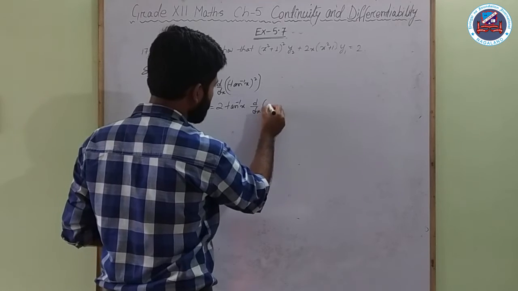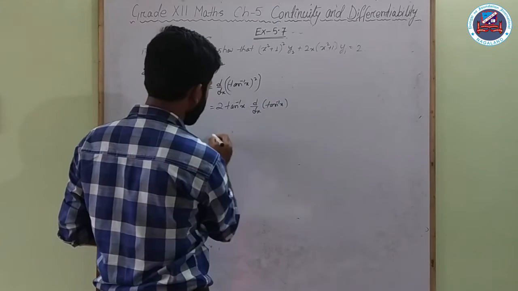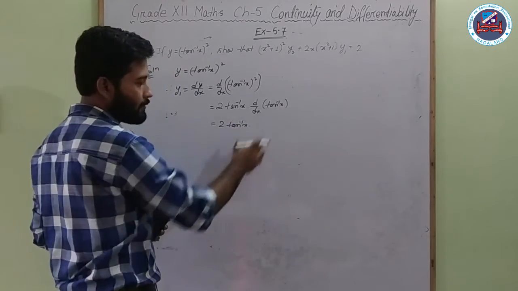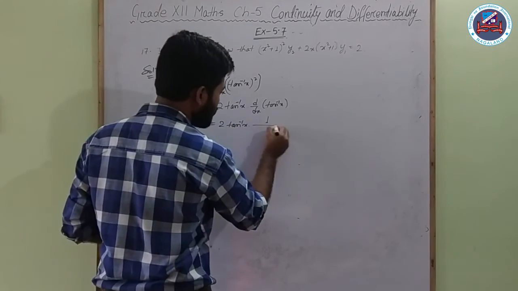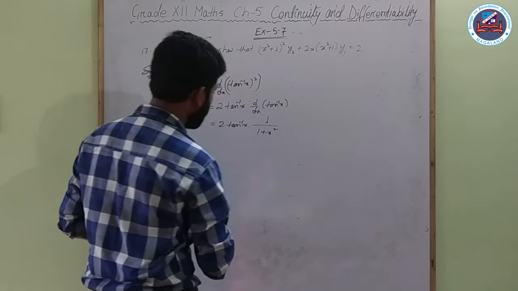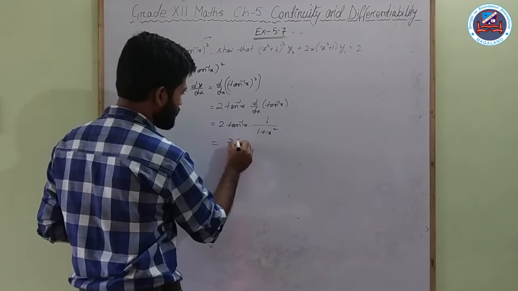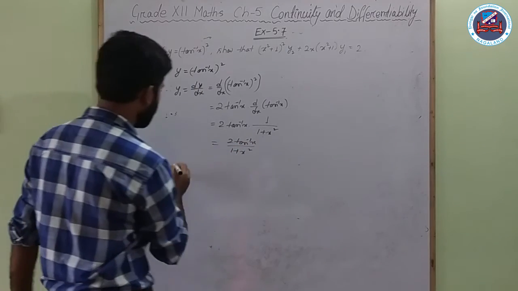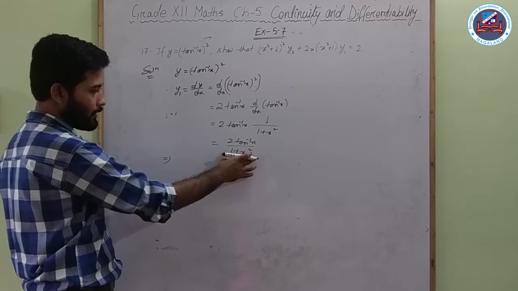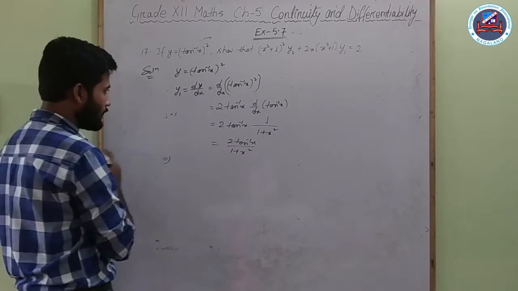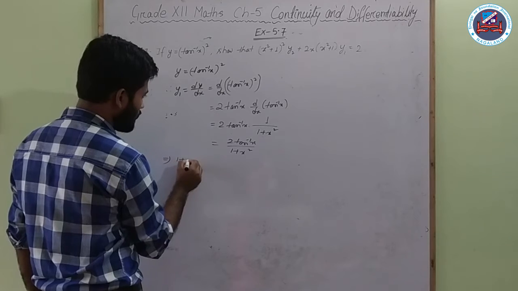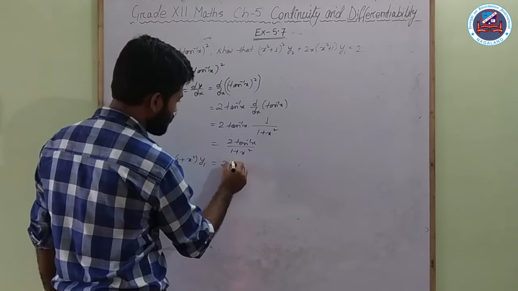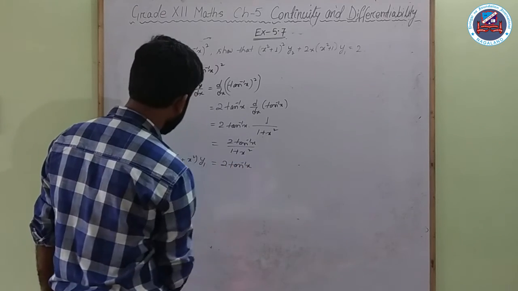So we shall have d/dx of tan inverse x, which is 1 by 1 plus x squared. Now this gives us twice tan inverse x divided by 1 plus x squared. So if I cross multiply the 1 plus x squared on the left hand side, I shall have 1 plus x squared into y1 equal to twice tan inverse x.